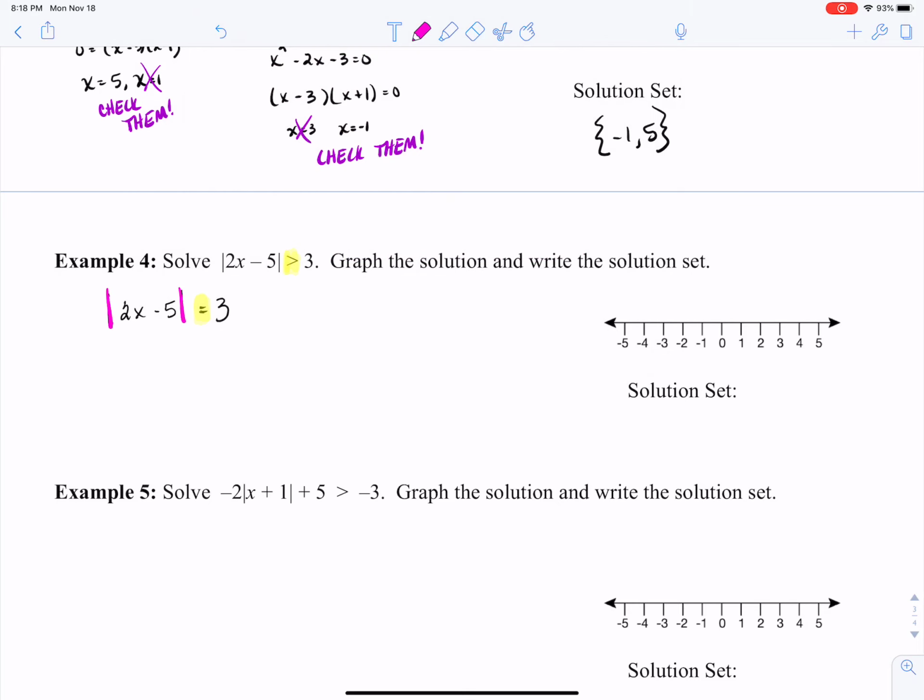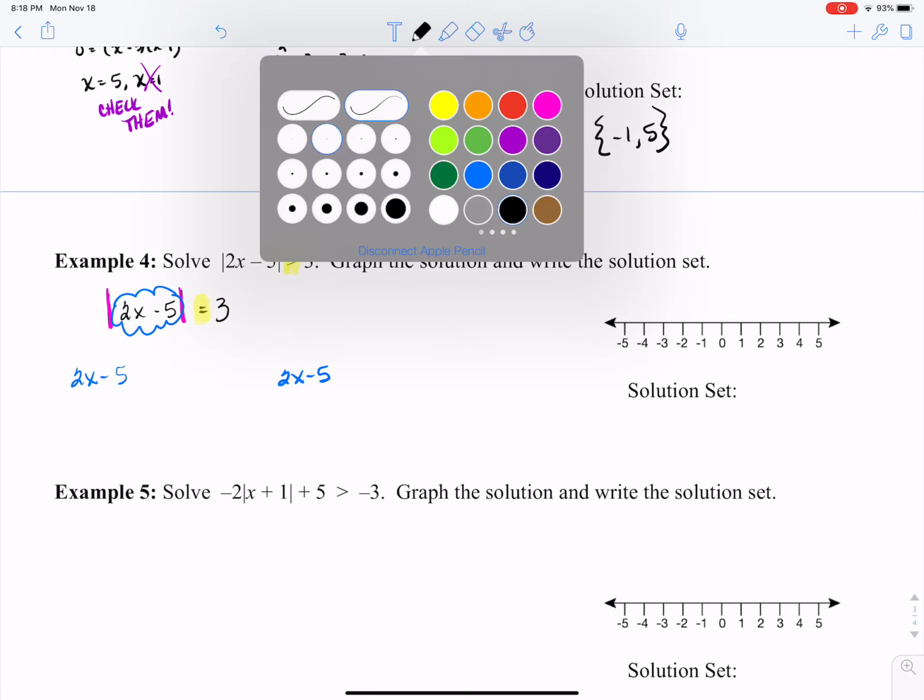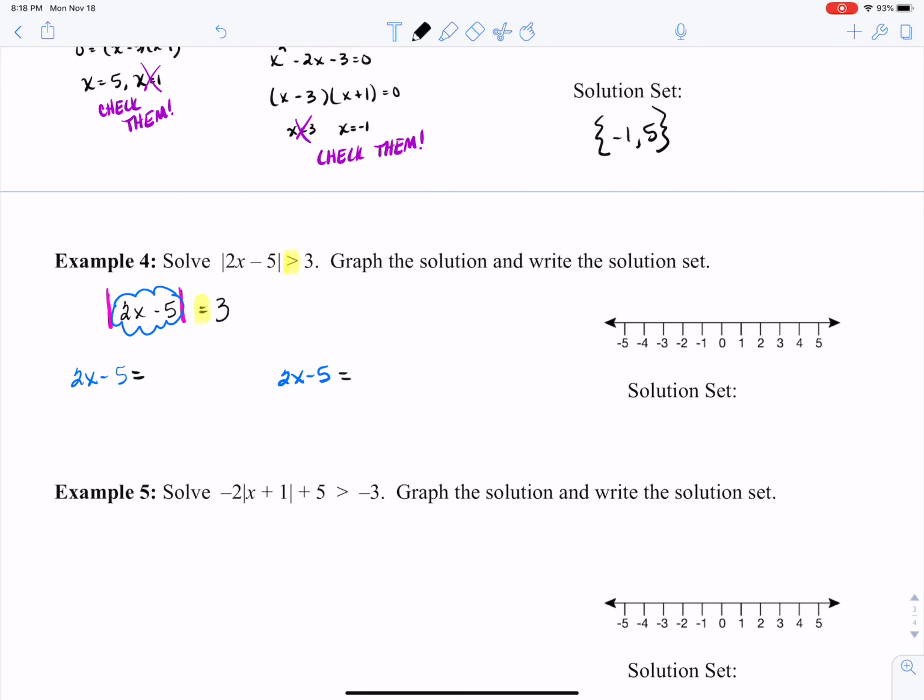So there are your absolute value symbols. Let's look at the contents. I'm going to take out 2x minus 5, and I'm going to set the contents equal to the positive version of this number and the negative version of this number.